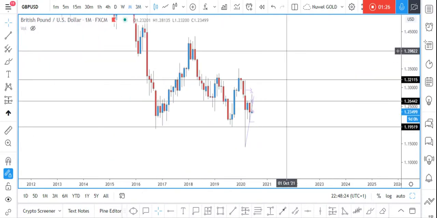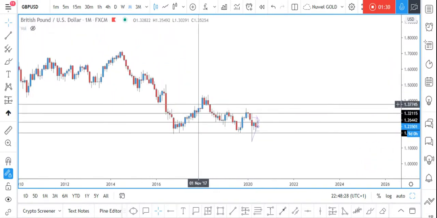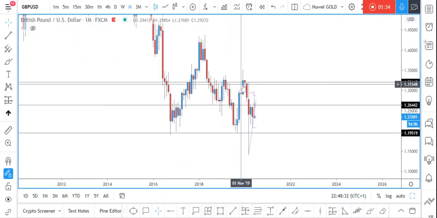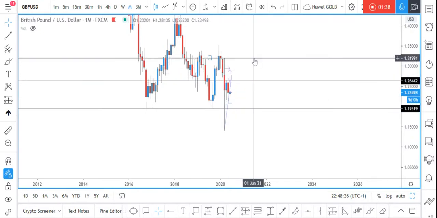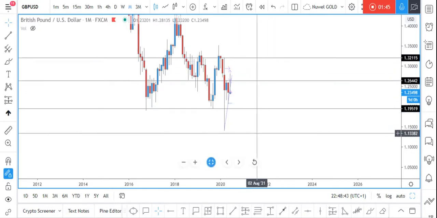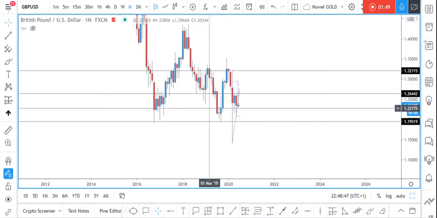All right, on the monthly, basically we can still see the same thing. You can see price making higher highs, lower highs, and lower lows, lower highs. You can call this a potential lower low. Maybe price can decide to come up here, make a high at some point, give us a lower high, maybe come down for a lower low, as the case may be.